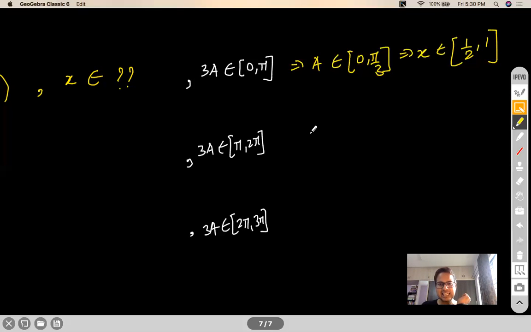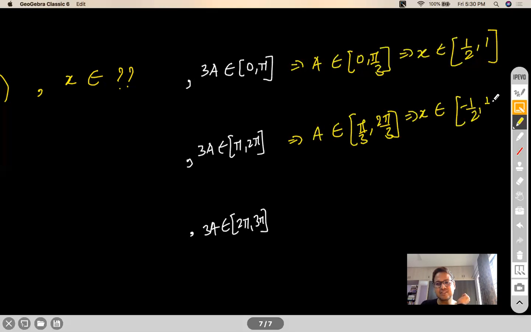Next, this guy says A has to be between pi by 3 to 2 pi by 3. And if you take a cos on both the sides, you will get minus half to half. Okay. This is your A lying between 2 pi by 3 to pi. And if you take cos on both the sides, it will be from -1 to -half.